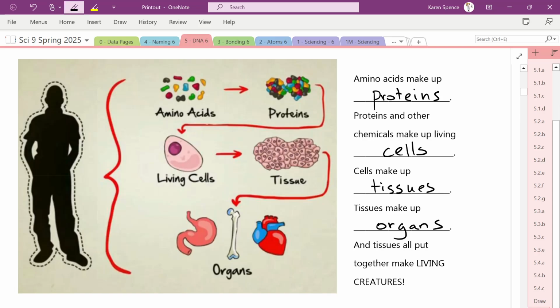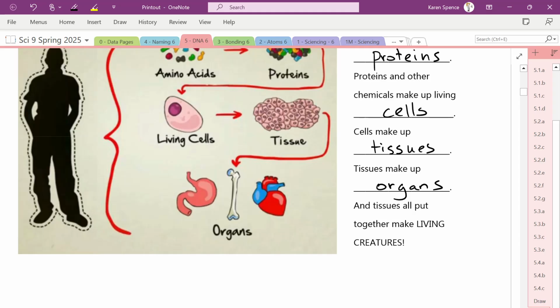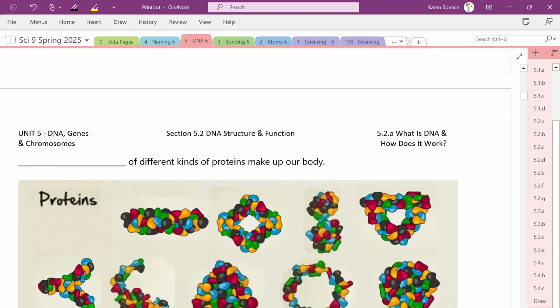And all the tissues and organs put together make living creatures. Yay.